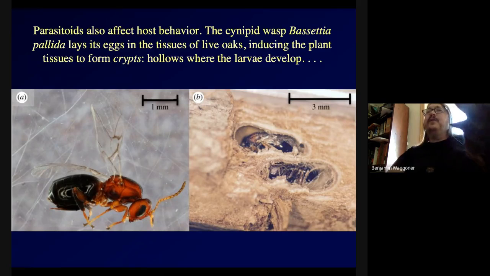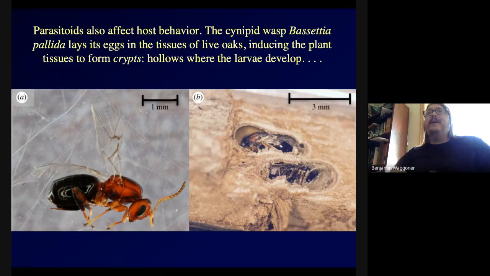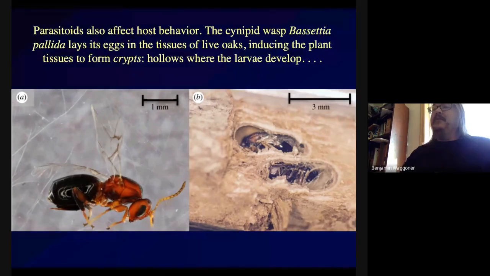If you've ever looked at a lot of oak leaves and seen lumps or swellings or sometimes these ping pong ball sized growths growing on oak leaves, that's probably galls caused by various cynipids. This particular cynipid, Bassettia, lays its eggs in the tissues of live oaks, and the plant tissues grow into little hollows called crypts. And there you've got a couple of pupae developing inside a couple of crypts inside the tissues of a live oak.